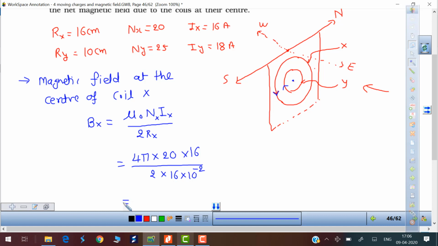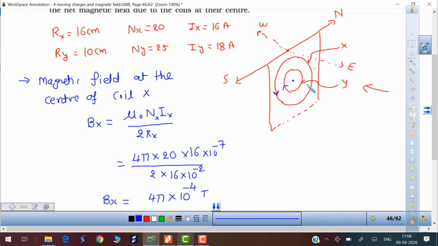So 16 will cancel out, and we get 4 pi into 10 raised to minus 4 Tesla. This is the magnetic field because of X.